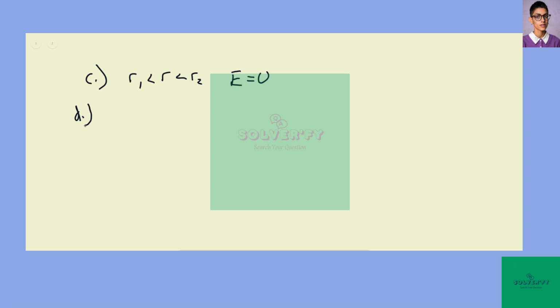Part D finally asks us, though, for r greater than r2. So now our total enclosed charge is Q from the conductor plus however much was enclosed in our small sphere. So that's the total charge enclosed.